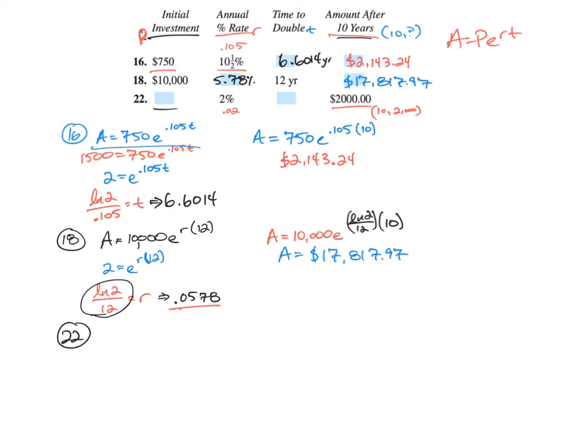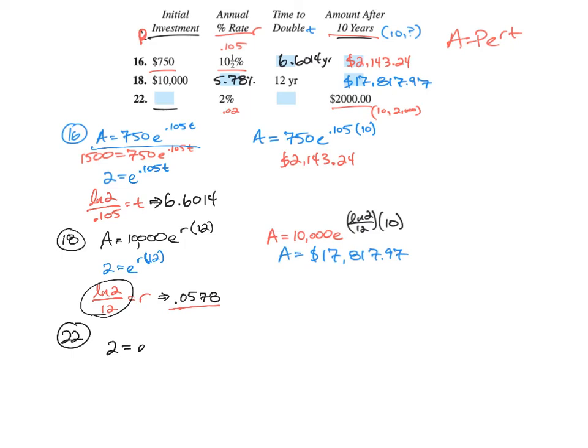I can't do my time to double yet. Actually, I could do my time to double. Do we know how much we started with? No, we don't know yet. But does it even matter? Not at all, because we're going to set it equal to 2.